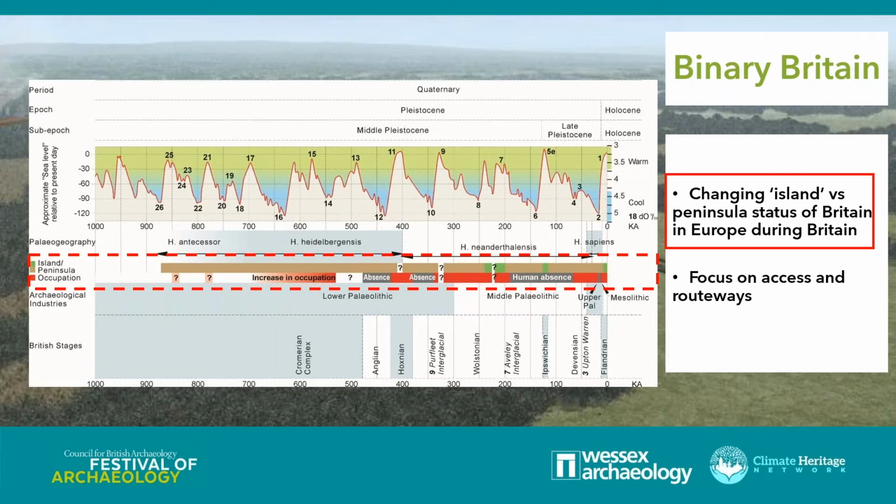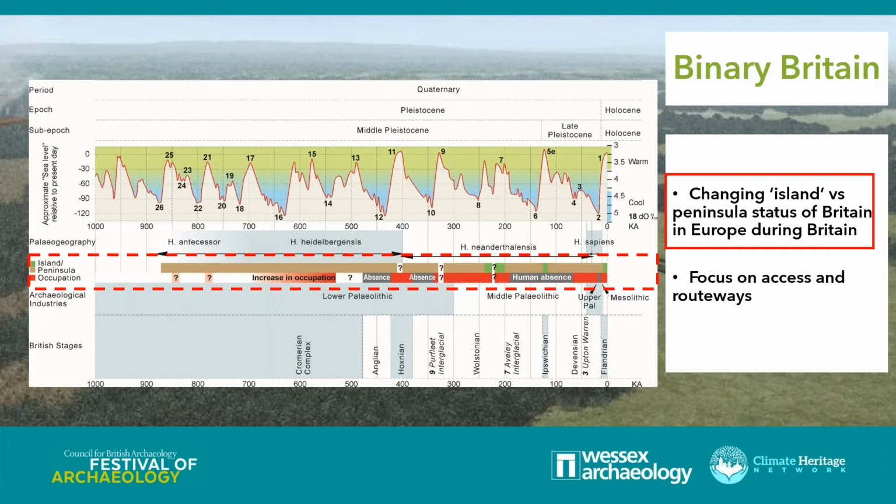Because we have this change from Britain being an island, like it is today, to other periods when sea levels were lower and there was a connection between Britain and Northern Europe, the Paleolithic record tends to be looked at as a contrast between the changing island and peninsula status of the British Isles, in terms of its connectivity to Northern Europe.